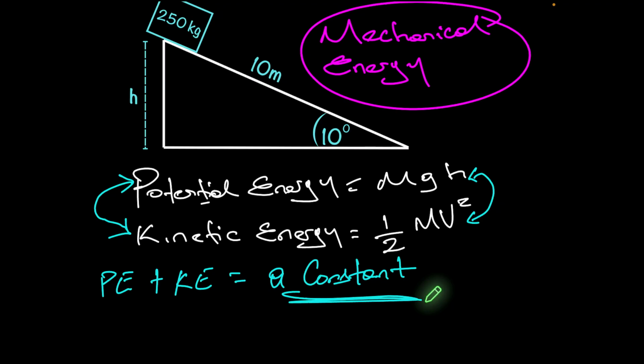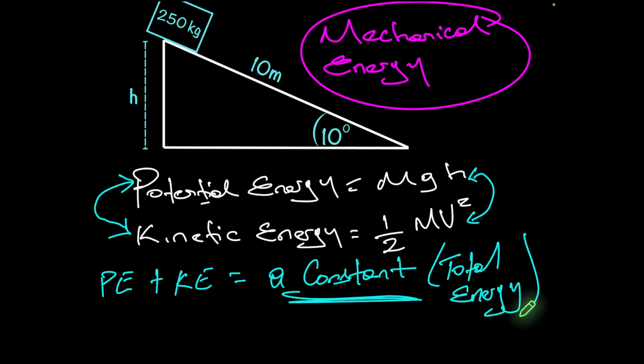And that constant value often represents the total energy. So you can also see this as the total energy. Now I'm going to show you exactly what that means using a side diagram, and then we're going to come back to the calculation here.